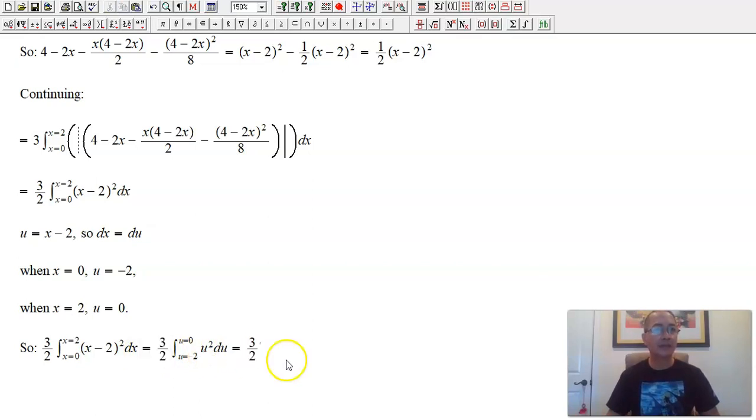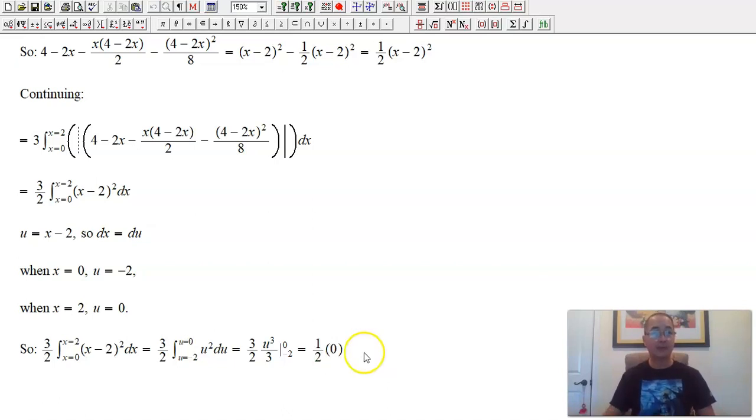We will get 3 halves u cubed over 3, and we are integrating from -2 to 0. This is the part that I got worried about because we don't want a negative answer. But my worries were for naught, because when we plug in the endpoints, we will just get 0 minus, whoops, so that should now be 6, or go ahead and simplify it to 1/2.